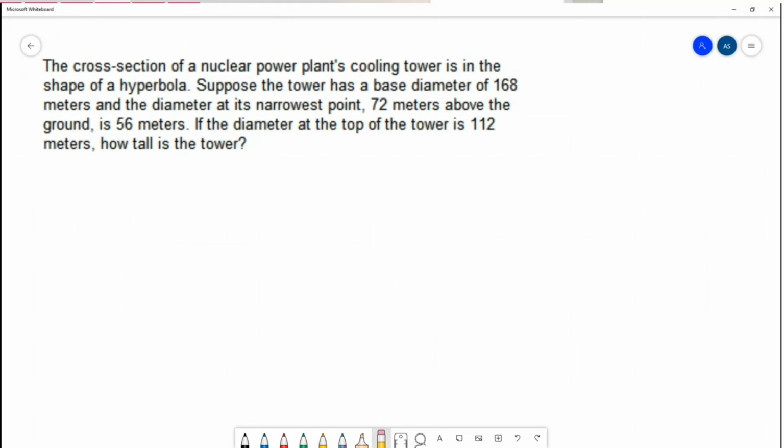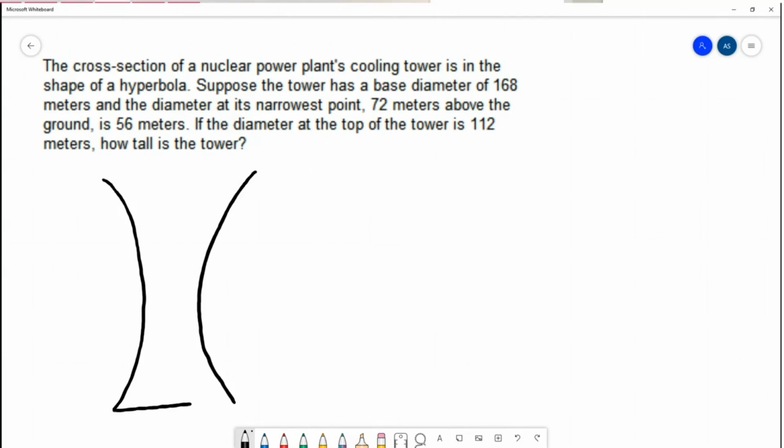So first I'm going to draw the shape of the cross section. That cross section of the tower, remember, it's in the shape of a hyperbola. So I'm going to draw the tower like this, as a hyperbola would look. And we know that the diameter at the base of the tower is 168 meters. And then at its narrowest point, it has a diameter of 56 meters.